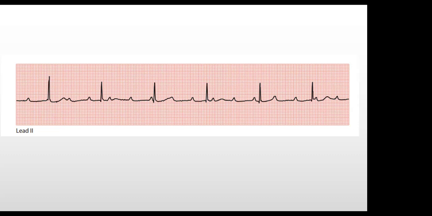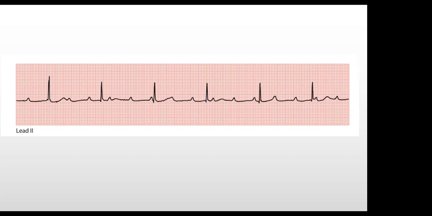Because if it's on the lower part of the AV node, you'll see ventricular activities that are broad, more than 120 milliseconds. And those are the kind of patients that tend to go into cardiac arrest because of the ventricular activity. So that's why we say this is a complete AV nodal block with junctional escape rhythm.